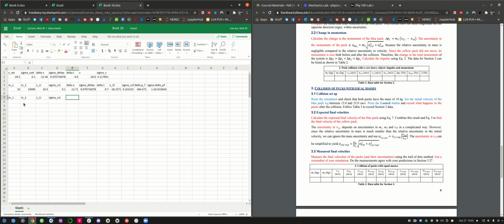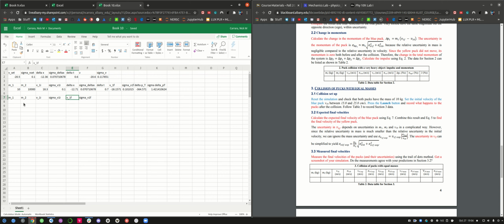We're going to need the final velocity of the first puck. And these are actually expected.